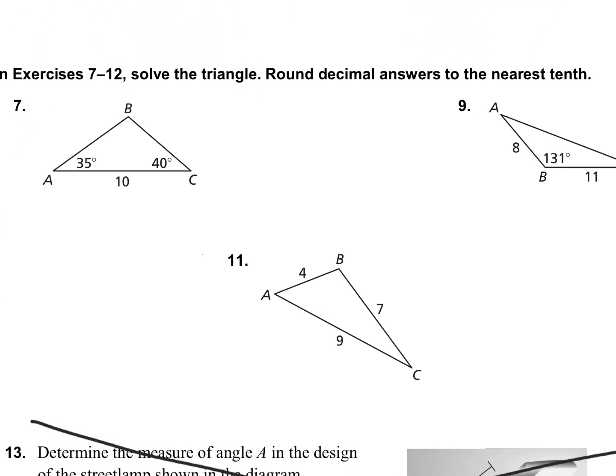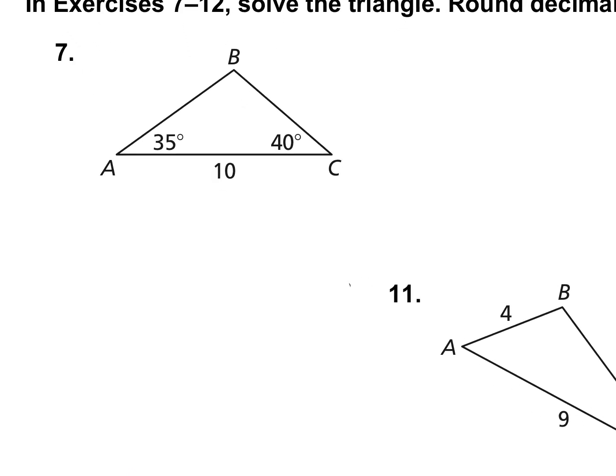All right, 7, 9, and 11, you're going to have one question like this on your test. First, looking at it, I'm going to do the same thing. Here's A, B, C, and now I need to determine, am I using law of sine or law of cosine?